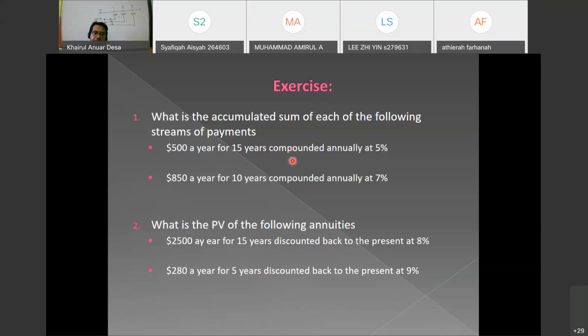When you see the compounded here, compounded is the keyword for, yes, future value. Stream of payment maksudnya berulang-ulang untuk 15 tahun. So when we see discounted here, it means present value. This is the future value annuity and this is the present value annuity. Nazifa, tolong kira sekali lagi. Double check your answer please.